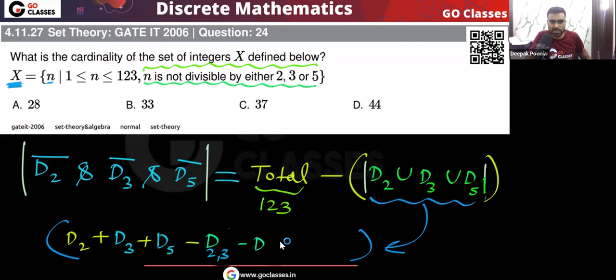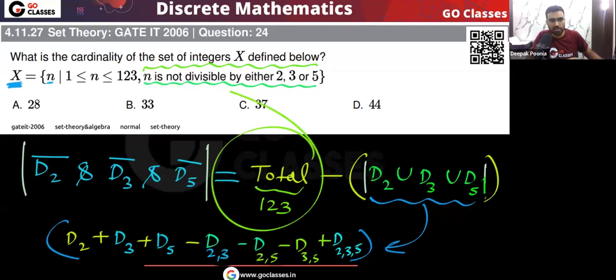Okay, very simple. Then double double, minus 2 comma 5, minus 3 comma 5. Plus triple triple, plus means those which are divisible by 2 as well as 3 as well as 5. From total you remove this value, that will be the answer.